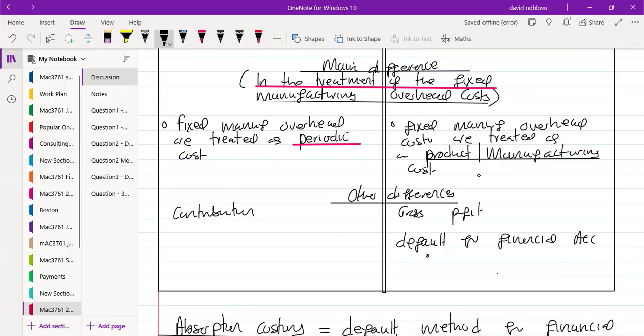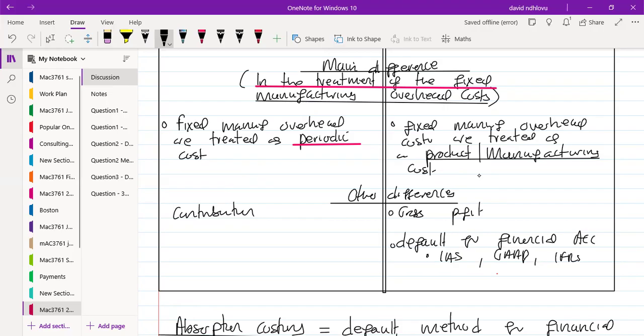Hence we use International Accounting Standard, we use GAAP, we use IFRS. These are standards that are associated with financial accounting. So that when a question simply tells you that the statement uses International Accounting Standard, even without looking at any other information, you will know that the entity applies the absorption costing method.